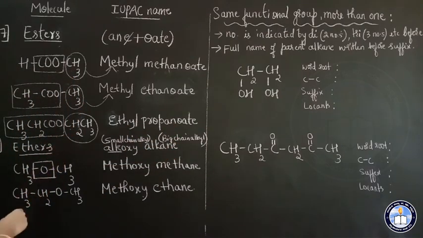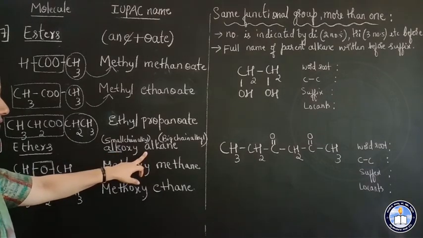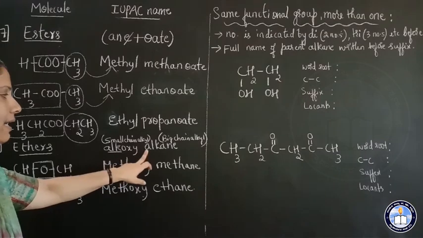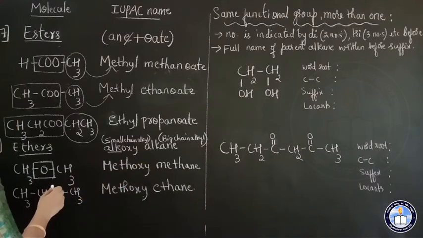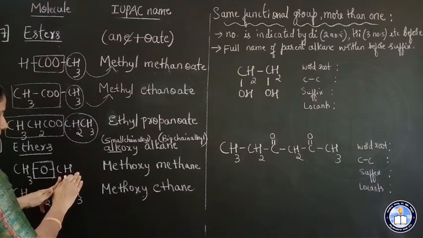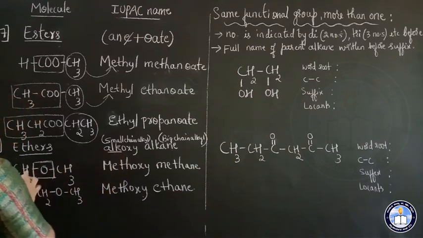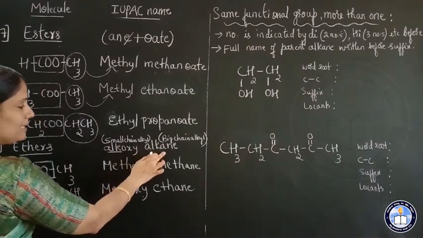Ethers, class of compound ethers, O is the functional group. So these are nothing but alkoxyalkane. Class of compound is alkoxyalkane. The smaller chain of carbon atoms will be named as alkoxy, and the bigger chain will be named as alkane.